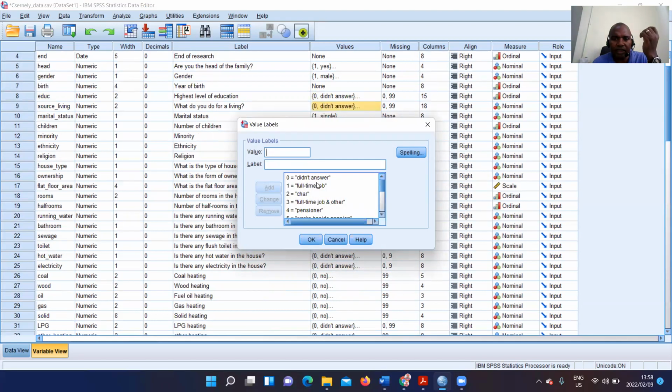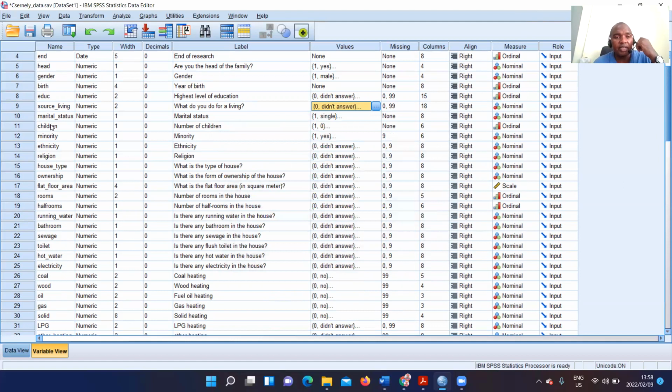It was quoted as didn't answer, full-time job, full-time job and other, pensioner as number 4, works besides pension, dependent, only child care, full-time job besides child care, part-time job besides child care, unemployment benefit, and so on. There are so many options that they captured there.